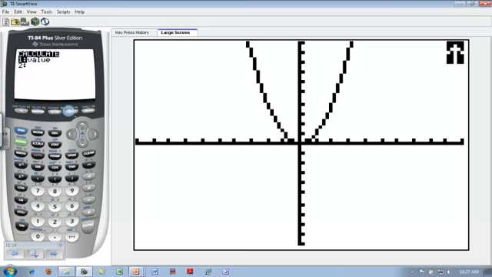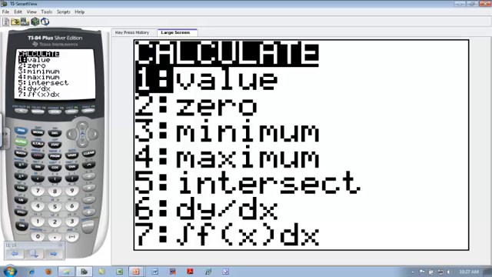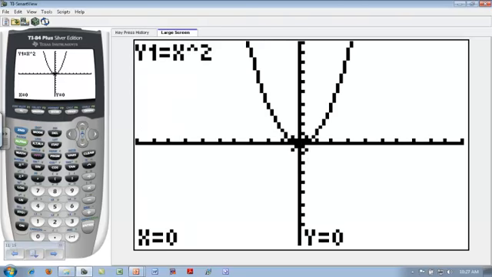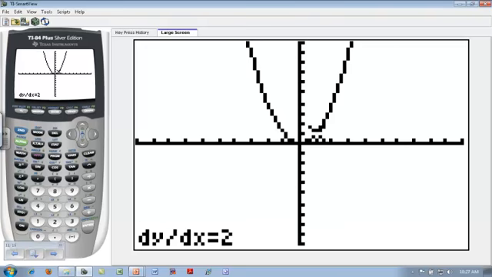Under the second calc menu, there is dy dx. Remember, we don't say the over part. I hit 6, and then I put in the x value of 1. We wanted the derivative when x was 1. It says dy dx is equal to 2.